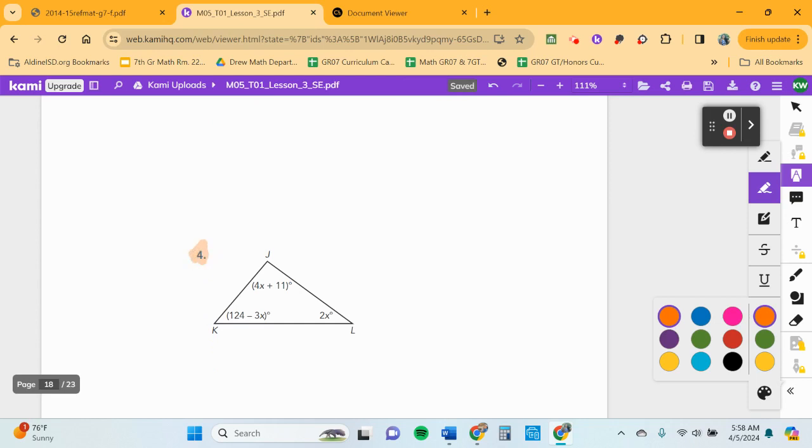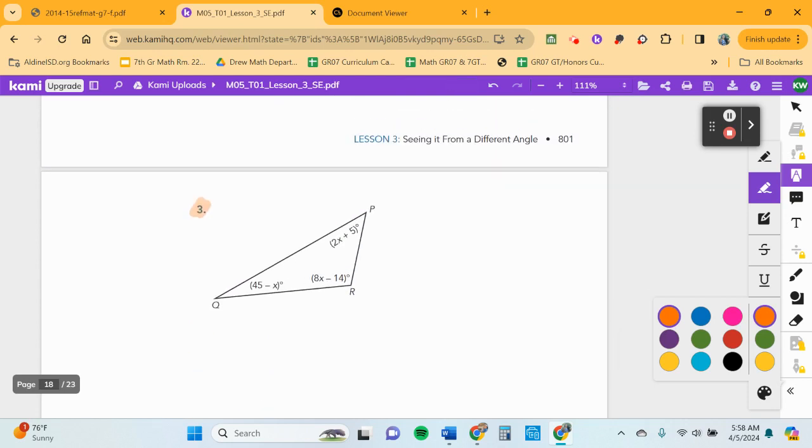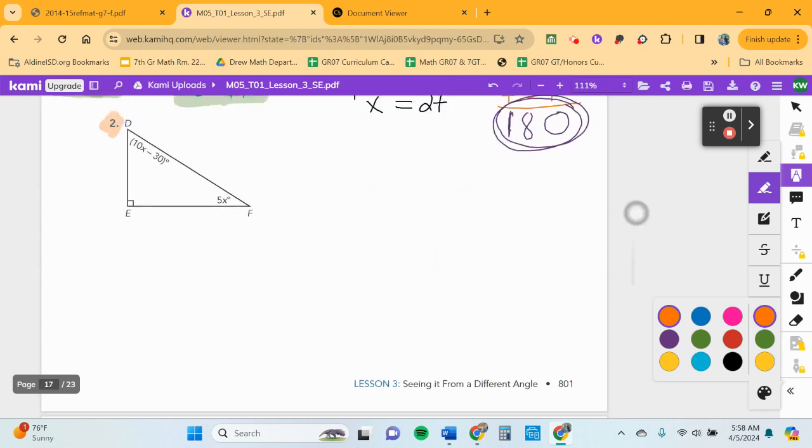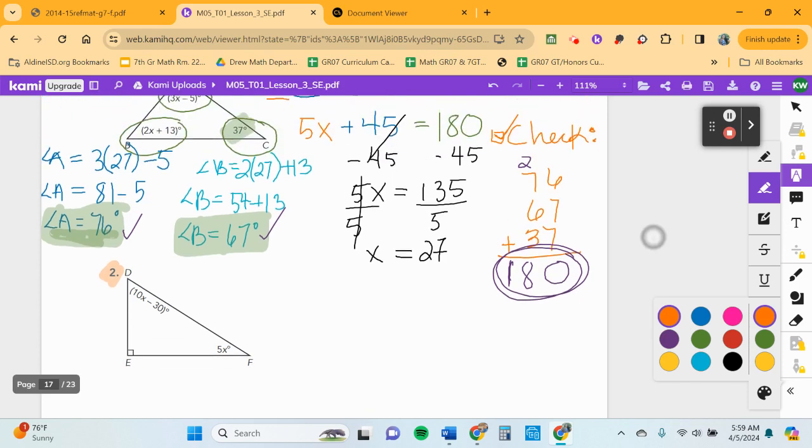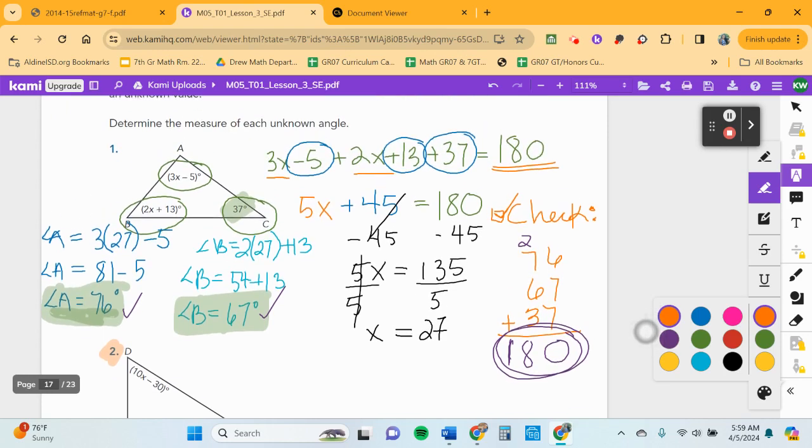So angle KJL in number 4, solving for angles QRP in number 3, and then for number 2, solving for angles D and F because E is a known angle. It is a square, so that is what type of angle? A 90-degree angle. So we know that is 90 degrees that we're going to be putting in our equation to equal 180.